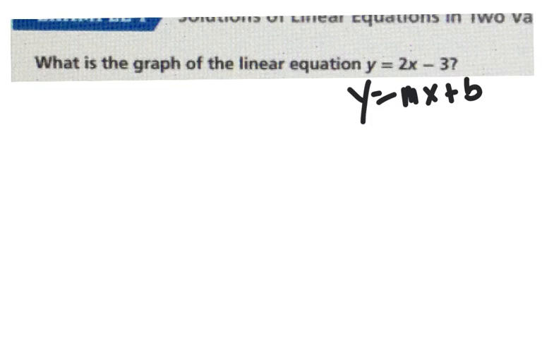Y is by itself and no parentheses. So now, looking at this, what is my slope? What is my m? 2, which we can write as 2 over 1, absolutely. It's going to be beneficial to write that as a fraction when we get to graphing it. Now, secondly, what is my y-intercept?